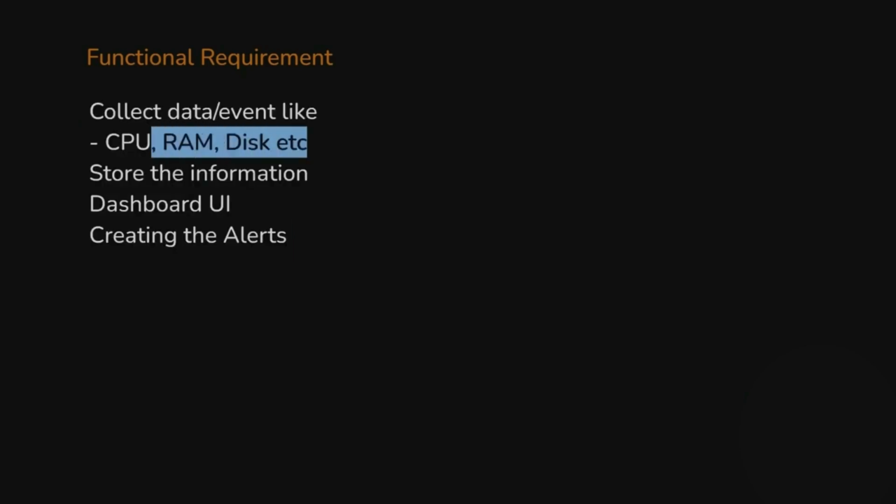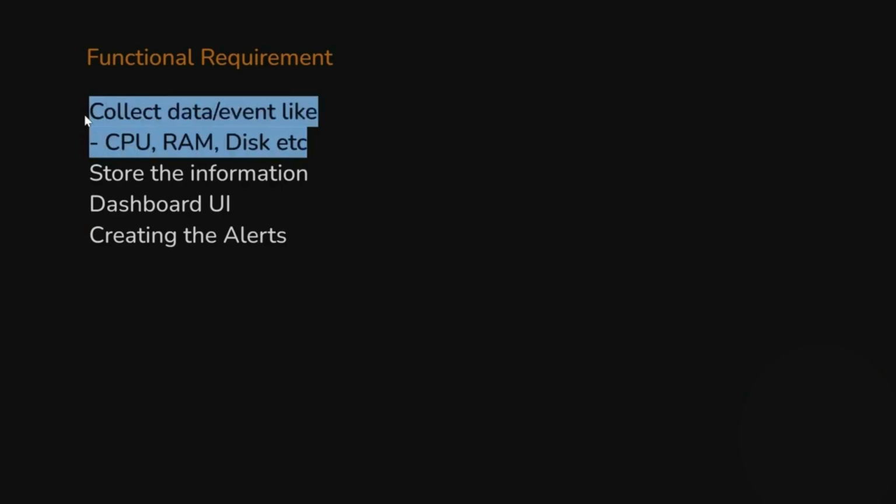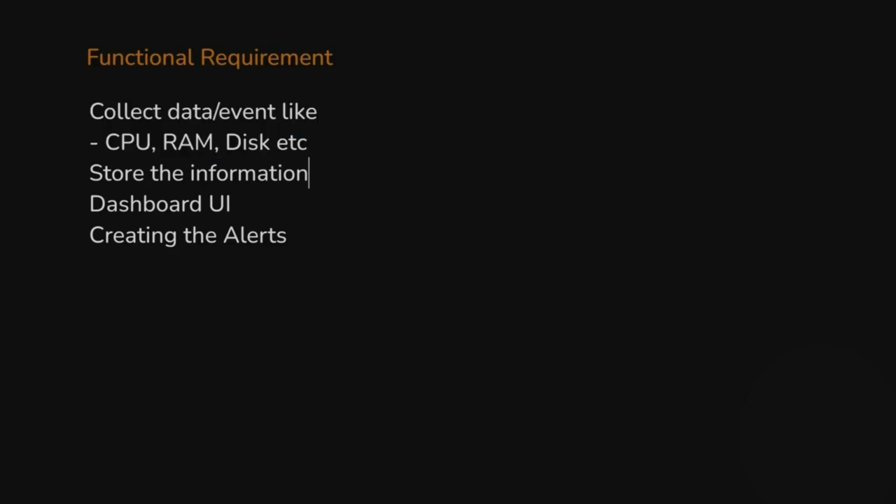So we can collect these events for each of these servers hosted in the infrastructure, store this information in some storage, and provide a dashboard for the stakeholders to look at the performance of these servers.